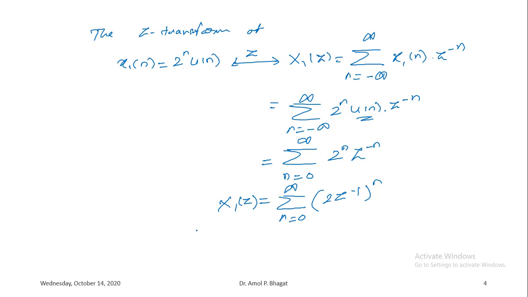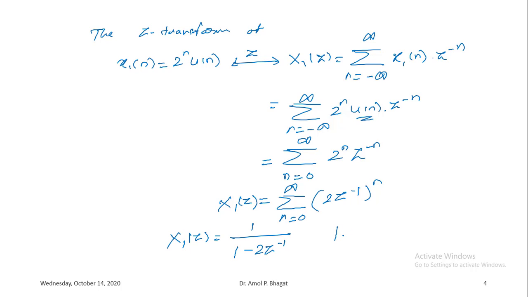This is your X1 of z. If I want to simplify this geometric series, as we have seen in the previous session, it can be replaced by 1 upon 1 minus 2z inverse, provided that mod 2z inverse is less than 1. So we can write X1 of z equals 1 upon 1 minus 2z inverse.